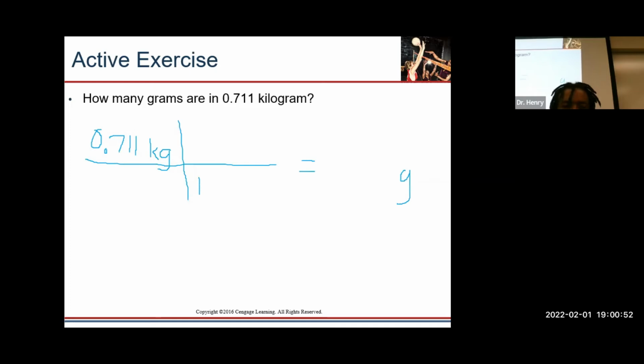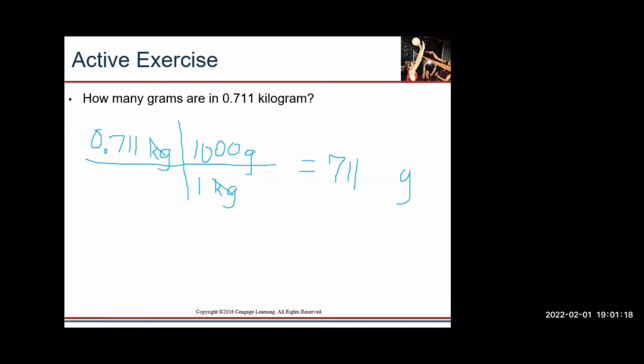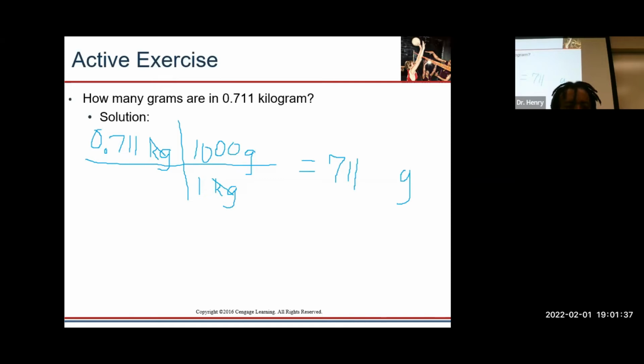So kilograms are going to cancel out. Piece of cake. Ready to move forward?